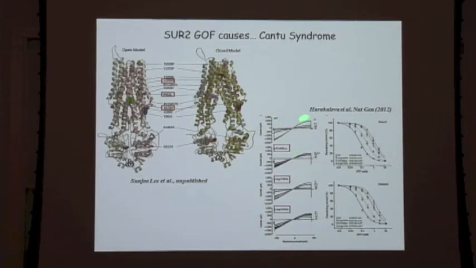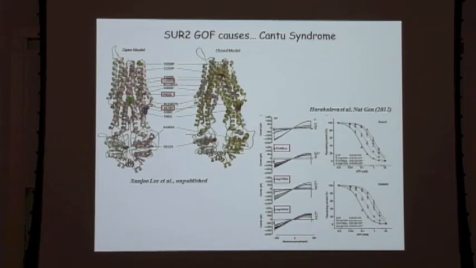But you can appreciate that if you go from control to 0.1 millimolar, 100 micromolar here, there's about 50% inhibition, and then at 10 millimolar there's complete inhibition, whereas each of these mutations is much less sensitive to those ATP concentrations. That's borne out on the right, where this is at minus 100 and this is at plus 100; it's redundant, you're looking at the same thing, the currents at minus 100 or plus 100, and you see a rightward shift in the apparent ATP sensitivity of the channels.